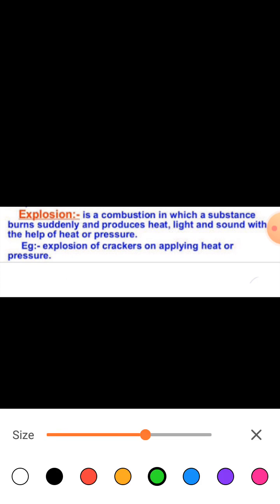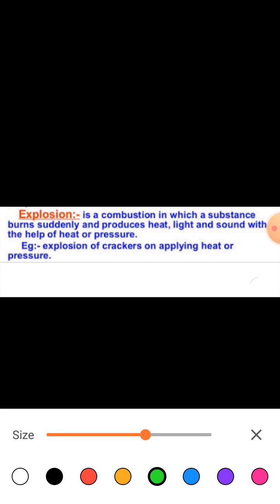This is one of the main types of combustion, explosion. Let us study about explosion now. What is explosion? It is a combustion in which a substance burns suddenly and produces heat, light and sound with the help of heat or pressure. For example, explosion of crackers on applying heat or pressure. What happens in explosion? Certain substances are ignited and they explode with the evolution of a lot of heat and light energy.